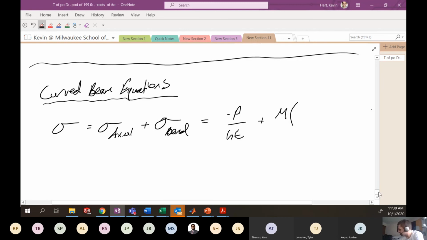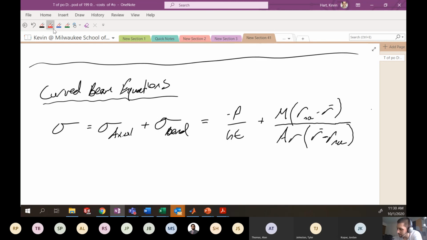Back to my bending term: this is the moment times (RNA minus R), all over A times R times (R bar minus RNA). So now this is the new equation that we have for curved beams.